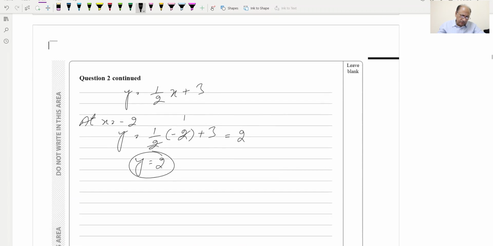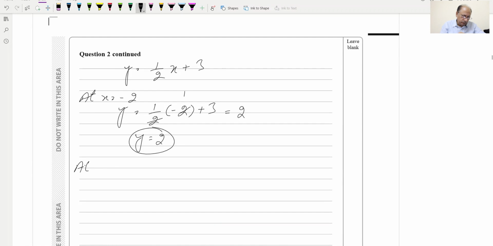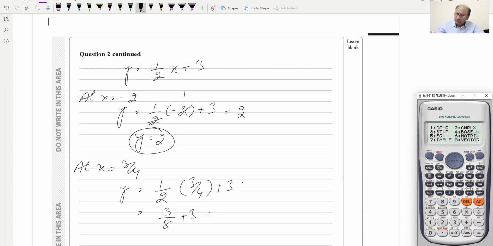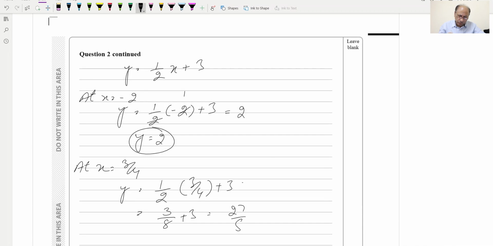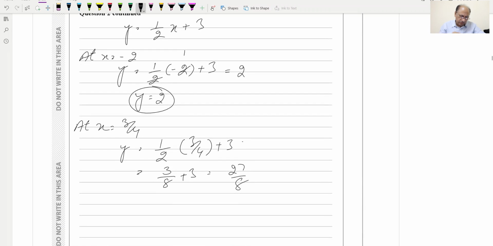And at x is equal to 3 by 4, the equation will be y is equal to 1 by 2 into 3 by 4 plus 3, and this will be 3 by 8 plus 3, which is equal to 27 by 8.